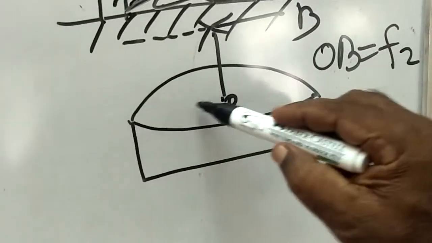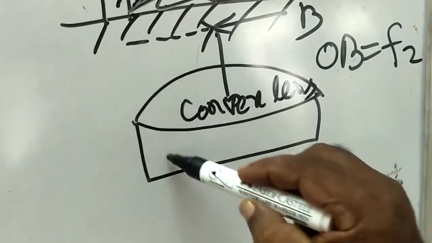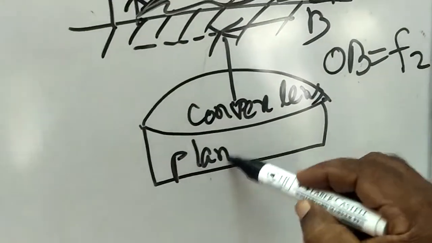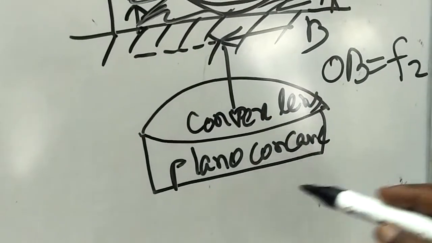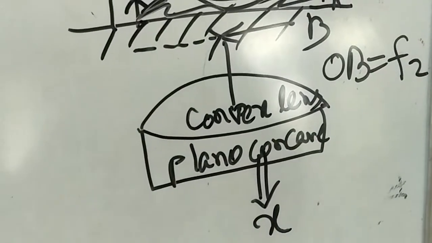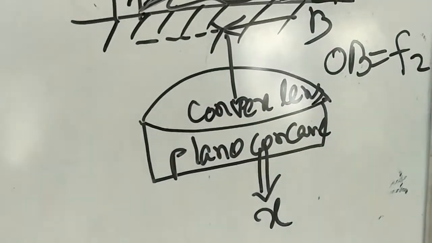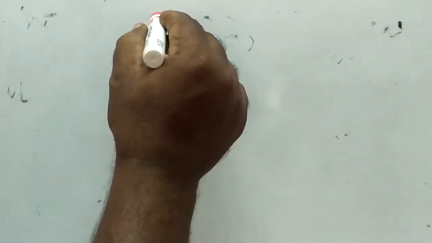Which lens? This is the convex lens. This is the plano concave lens. So let us assume the focal length of the plano convex lens is x. So according to the lens formula, we can write for the combination of lenses, 1 by final focal length.